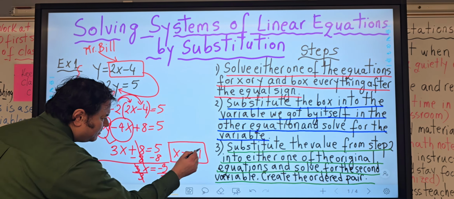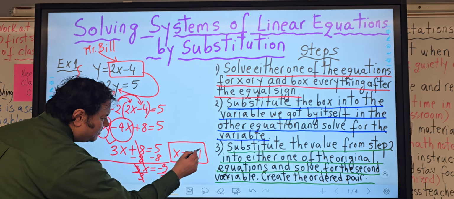So now we have y equals 2 times, instead of x, we are substituting negative 1, minus 4. So we have y equals 2 times negative 1 becomes negative 2.